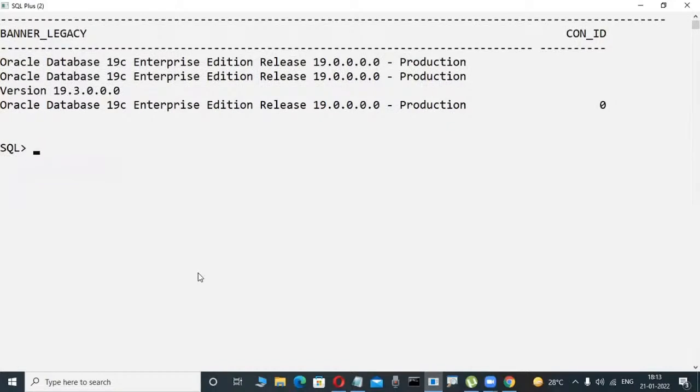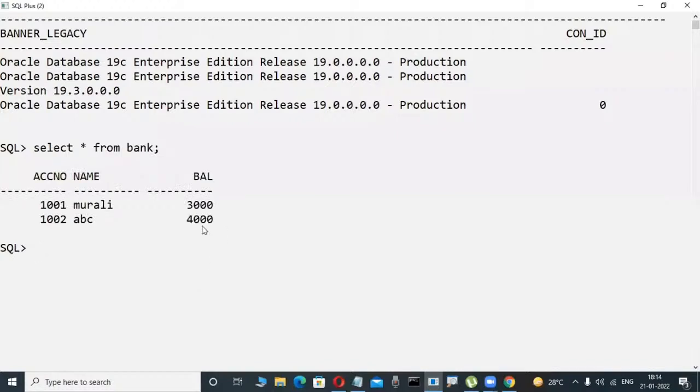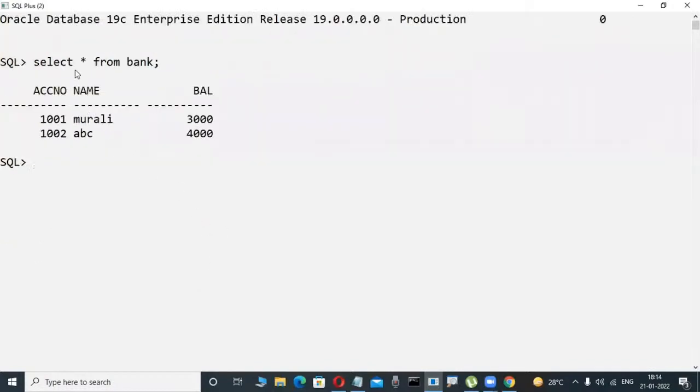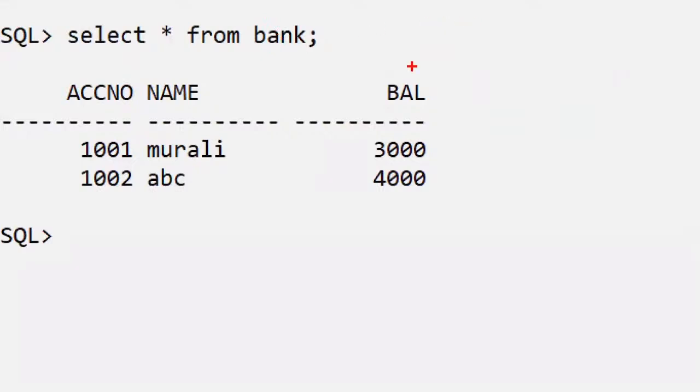Suppose in this database, bank is a table, for example. It is a very easy scenario to understand. In table format, we store the data. Suppose this is SBI bank, and this is the data. These are the columns: account number, name, and balance.